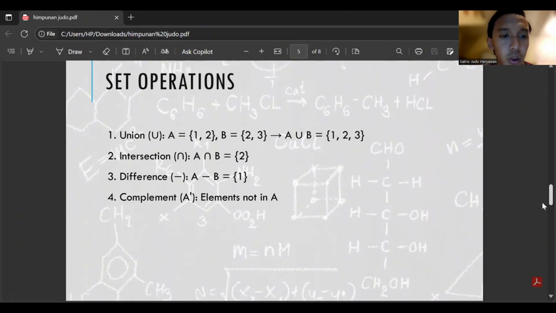And number two, intersection: A intersection B is 2. Difference: A difference B is 1. Complement: A complement is the elements not in A. Okay, next.